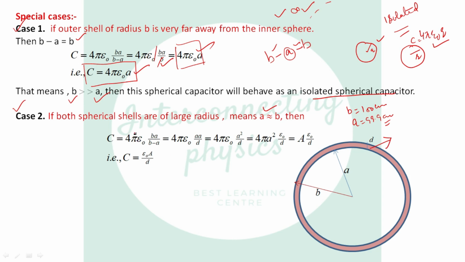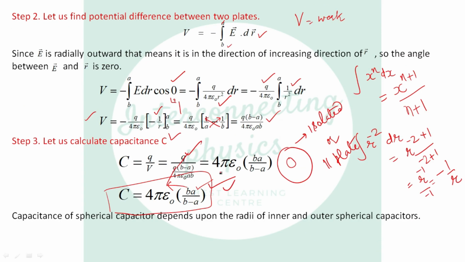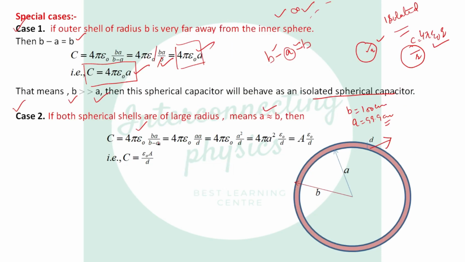Then the main formula for the spherical capacitor, which we calculated here, will become, now you see b minus a. Don't put it as 0, as both are equal. No, this is not possible. b minus a, we consider it as d. Don't put 0 here, otherwise the capacitance will become infinity.